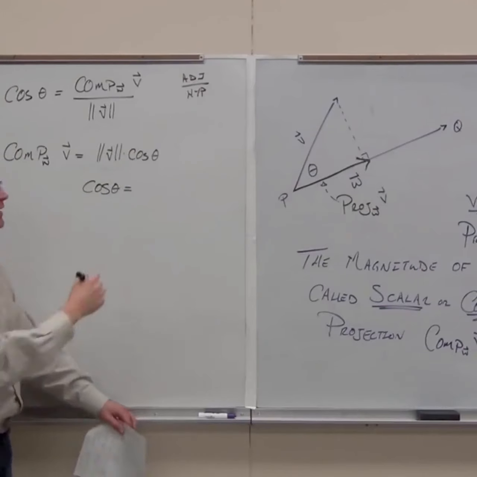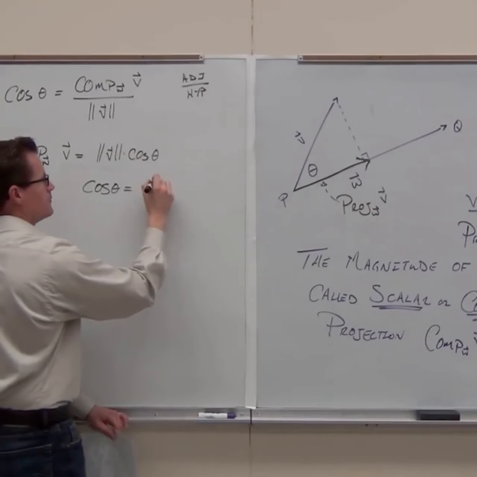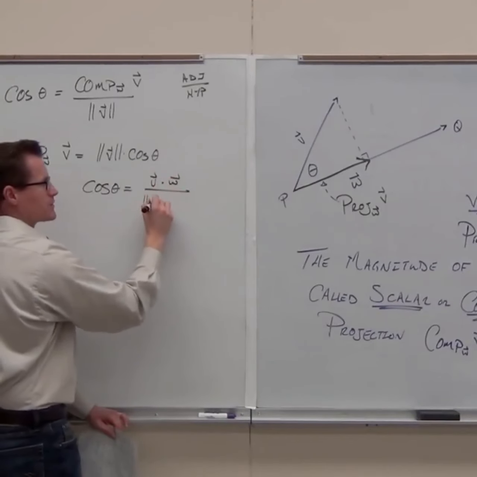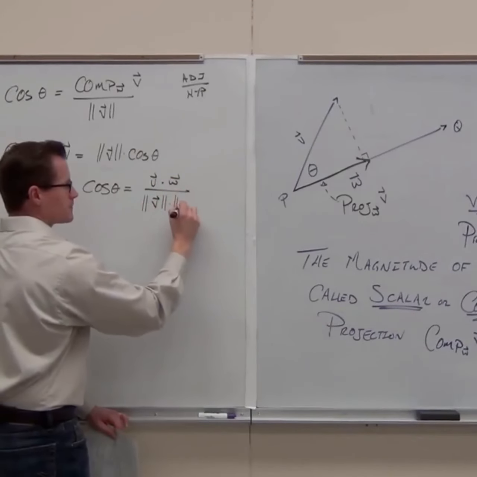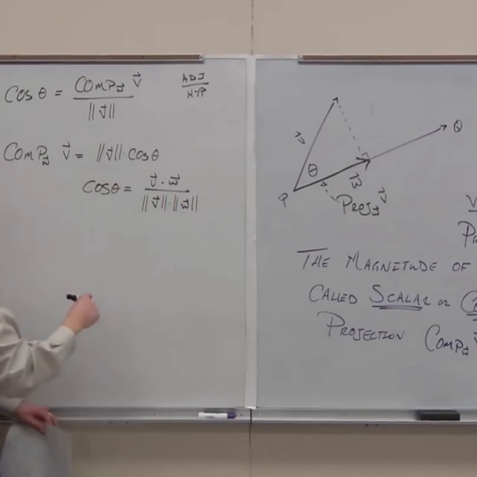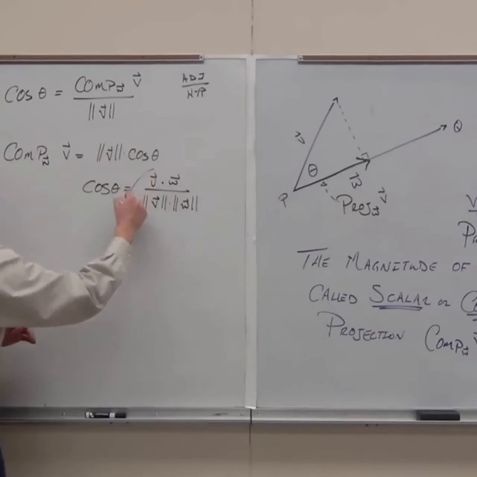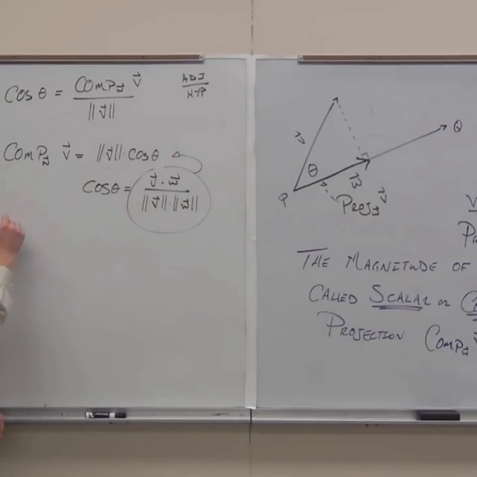In fact, we know that cosine theta is v dot w over the magnitudes of those vectors. So if we continue, we got this. Let's just substitute it. Let's put this thing here.